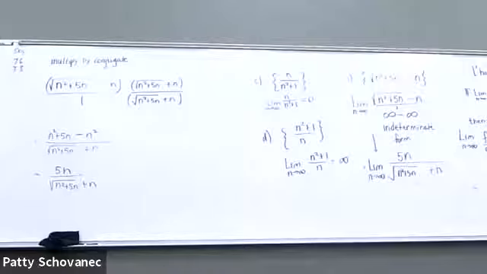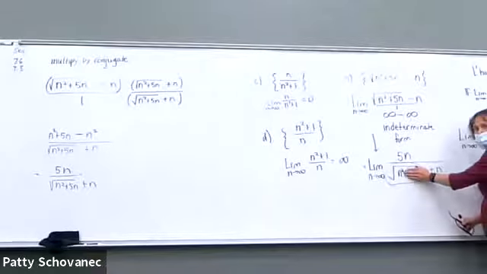But I can get this by eyeballing it. I use my good eye. Remember how to take that limit without doing any more algebra? What's this behave like? What's the highest power of n here? 1. Just n to the first, right? Because that behaves like n squared over the square root sum.